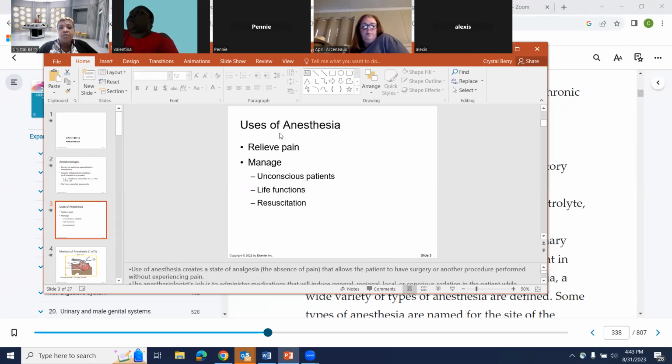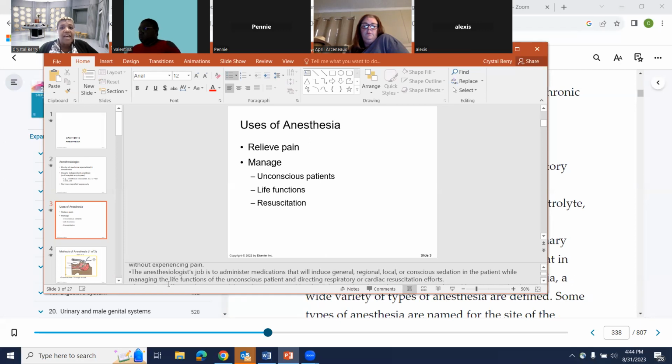Here it states uses of anesthesia. People use anesthesia to relieve pain, to manage unconscious patients' life functions, and resuscitation. The use of anesthesia creates a state of analgesia, the absence of pain, that allows the patient to have surgery or another procedure performed without experiencing pain.